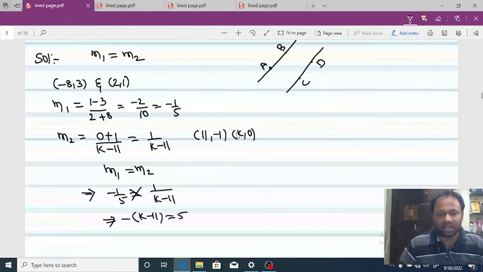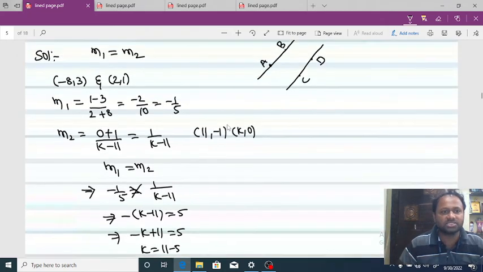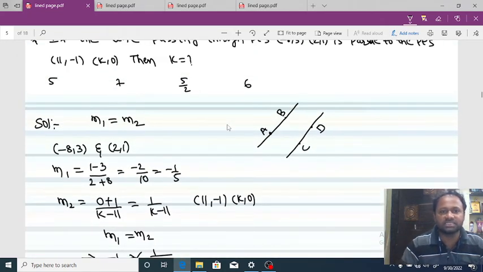So I will write this minus there, or we can write it in any way. Minus k plus 11 is equal to 5. That means k is equal to 11 minus 5, which is nothing but 6. K value 6 I got. Let us check the answer. So 6 is the correct answer. Okay. In this way we can do.